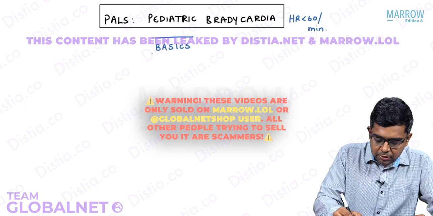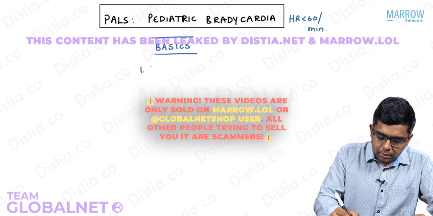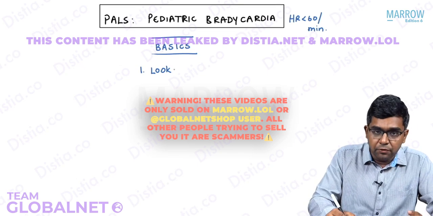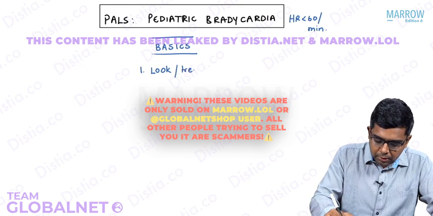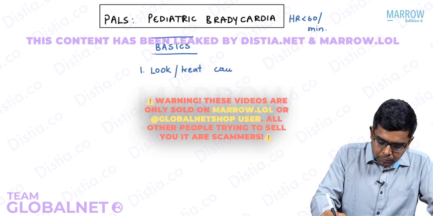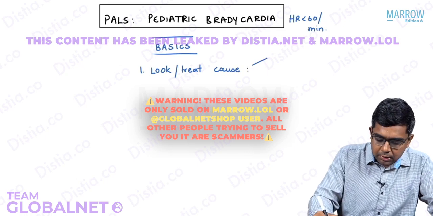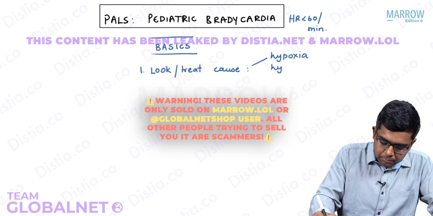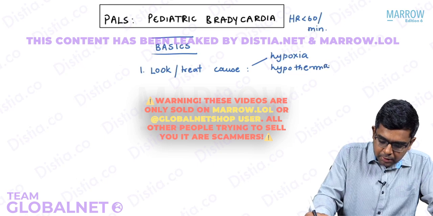First thing is, if possible, try to look for a usual cause of bradycardia, and if you find out a cause, you have to treat the cause. The common causes include conditions like hypoxia, hypothermia, and medications.